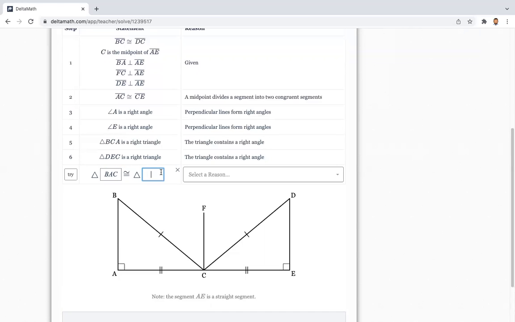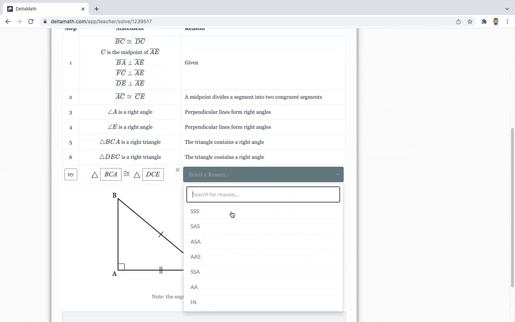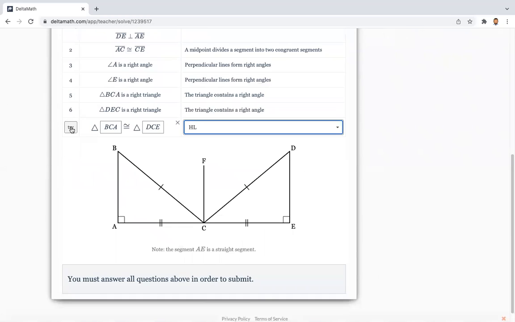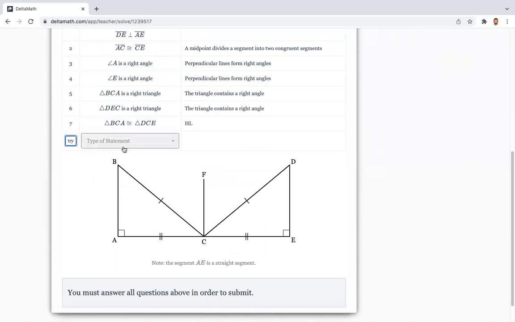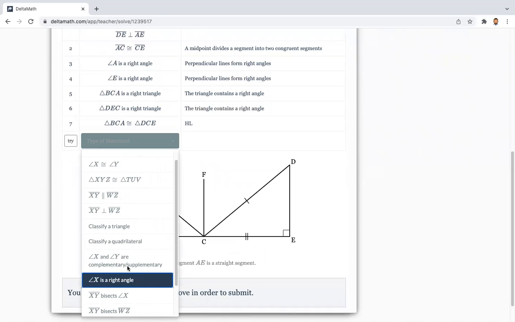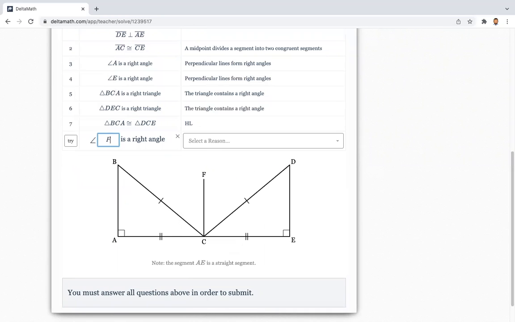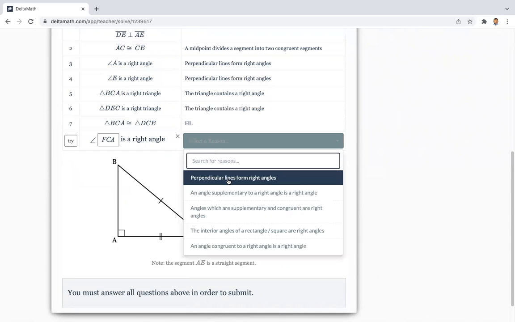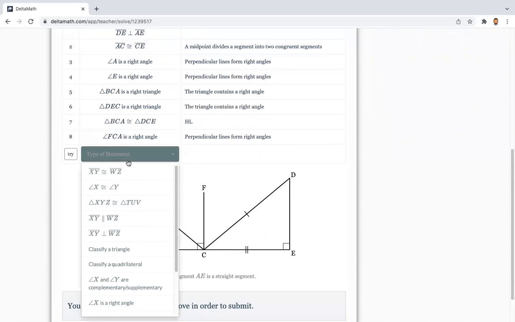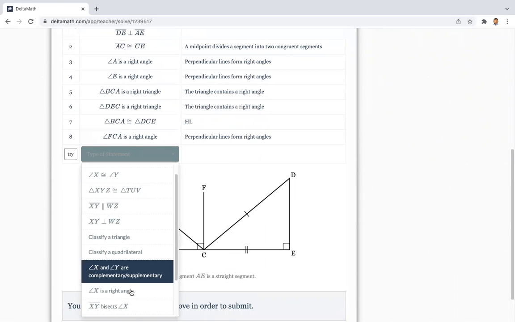BCA and DCE is hypotenuse leg. All right, now I have to state a couple more right angles. It was very tedious because the proof is very obvious. But we are in a tedious situation.